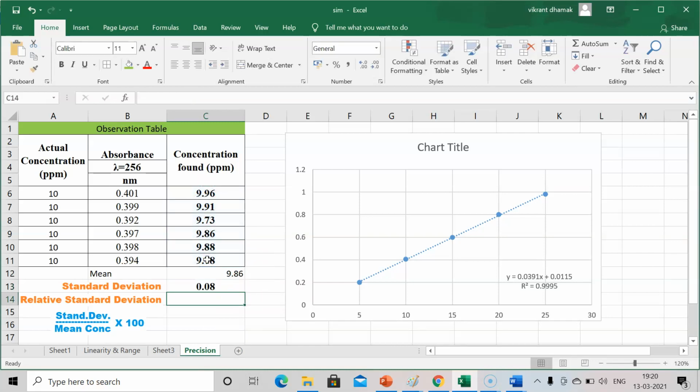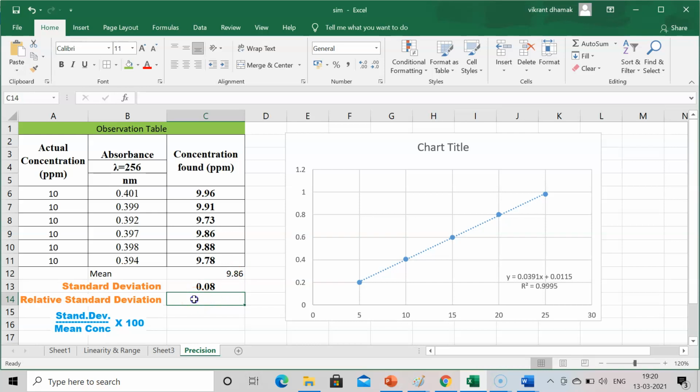press enter. Now we have the standard deviation, but to understand what the limit for precision should be, whether our precision is correct or not, we need to calculate it in terms of relative standard deviation. The formula is standard deviation divided by mean concentration into 100. The mean concentration we have got is 9.86 ppm.